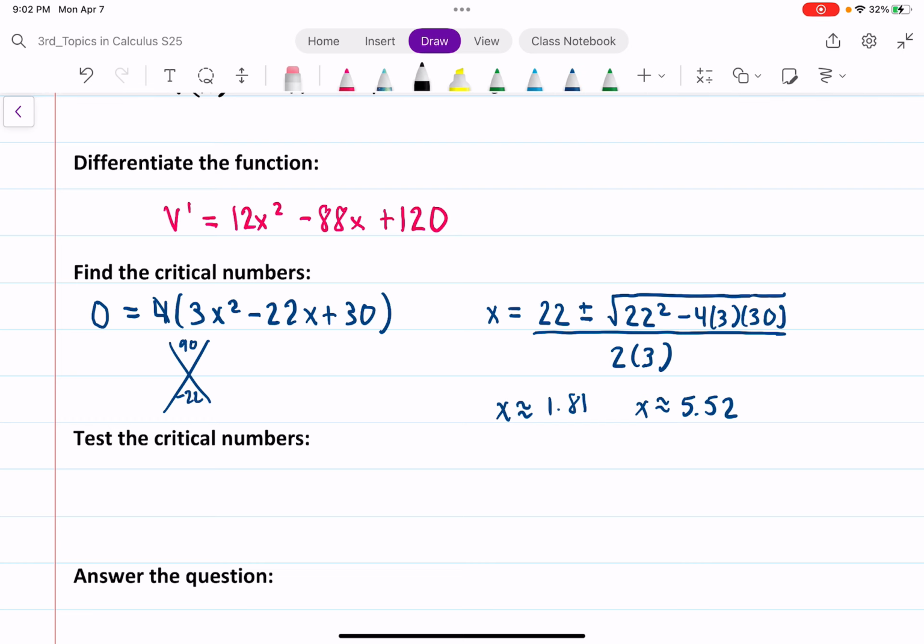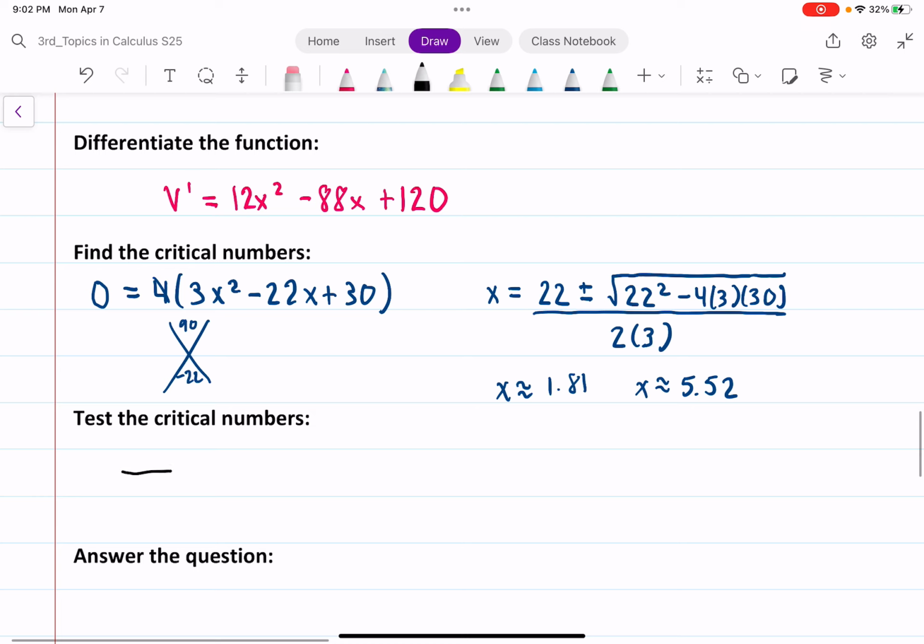And so now we want to test the critical numbers. And again, remember, you don't want to go before 0 since these are applications. There's no such thing as a negative side length.